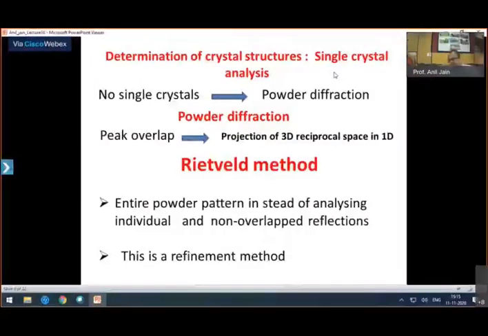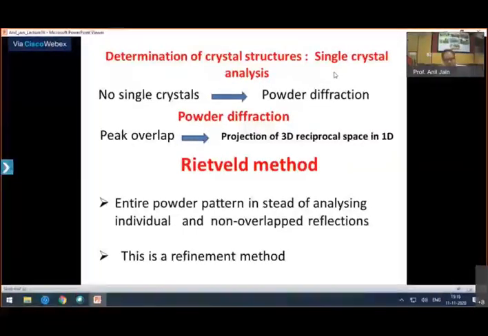So you get this pattern, which is intensity as a function of momentum transfer Q. You can get this Q from 2 theta, because in most conventional X-ray or neutron diffraction experiments, your wavelength is fixed. So by utilizing Q equal to 4 pi by lambda sine theta, you can convert this data into intensity versus Q.